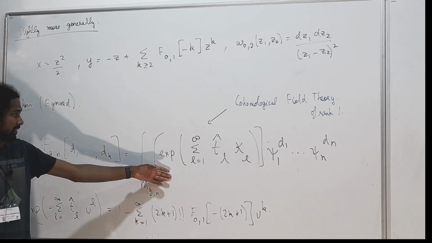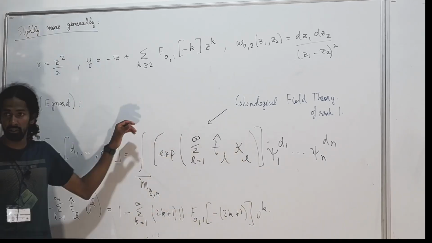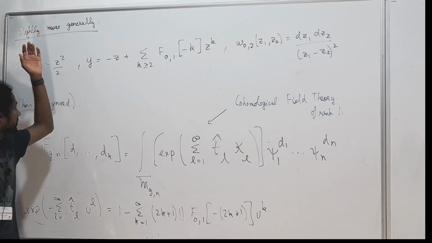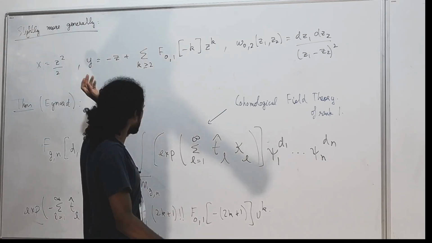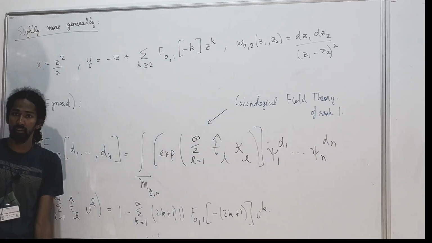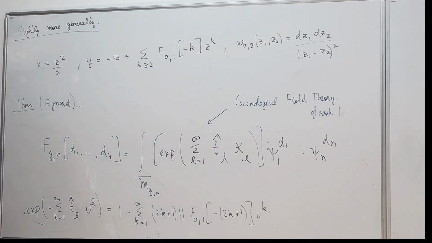And in fact, that expression you can recover by computing the ingredients of the Givental-Teleman reconstruction theorem purely from the data of the spectral curve. Okay. And in general, if you had a spectral curve with, say, R ramification points, you would get a cohomological field theory of rank R. Always semi-simple.